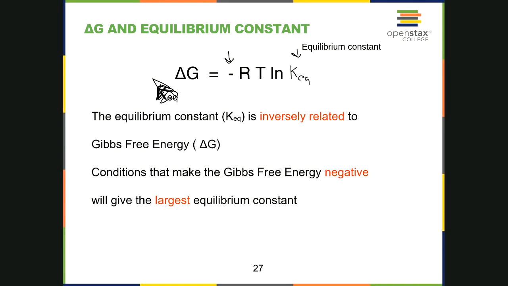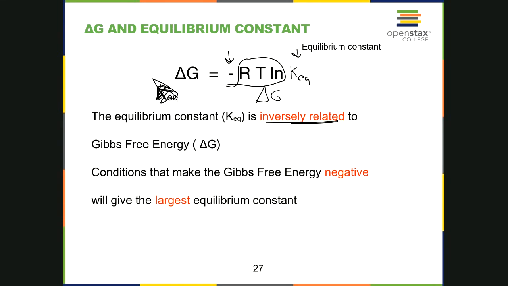Now, the thing to take away from this is this part right here. It really doesn't matter much. What we can say is that the Gibbs free energy is, well, we got it down here. The Gibbs free energy is inversely related to the equilibrium constant.